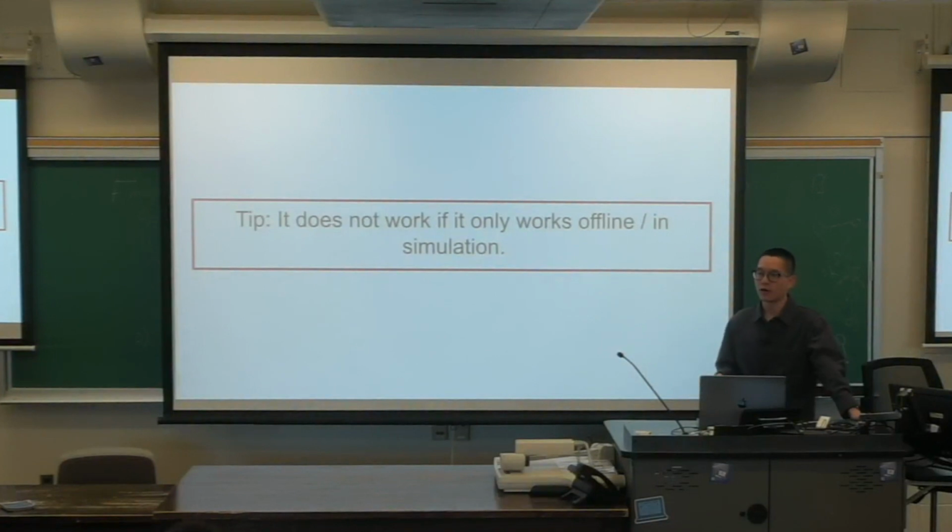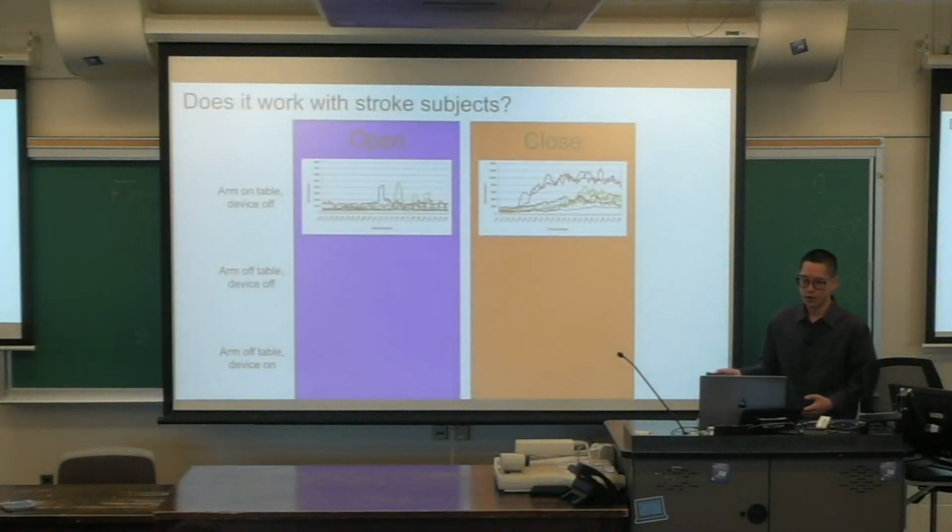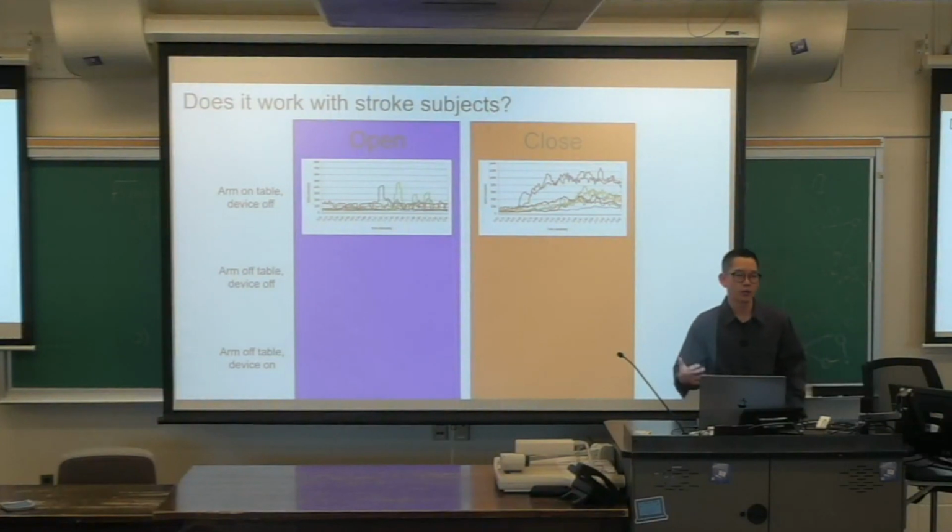Up to now, all we have been doing is going to the hospital or collecting a data set, and doing a lot of offline analysis on this data set. But if we actually run this algorithm on the device in the hospital, it's not working. And why is it not working? This is because when the patient is using the device, their arm tends to move to a different position than what is recorded in the training set.